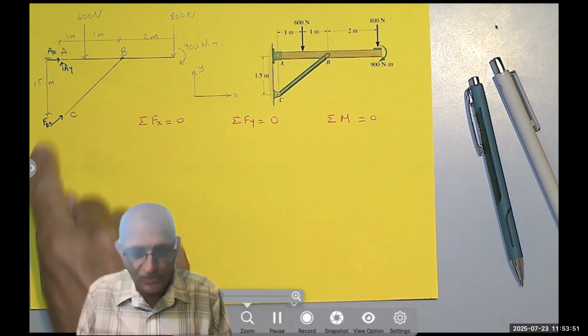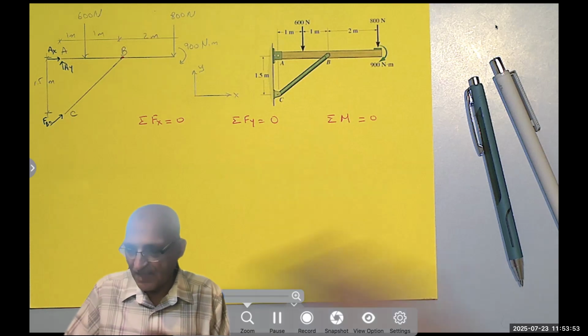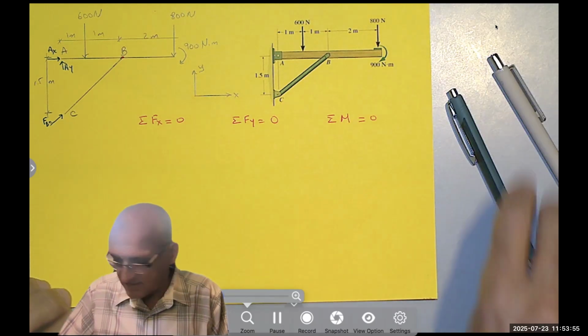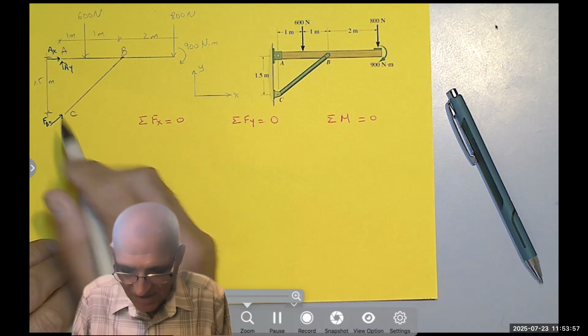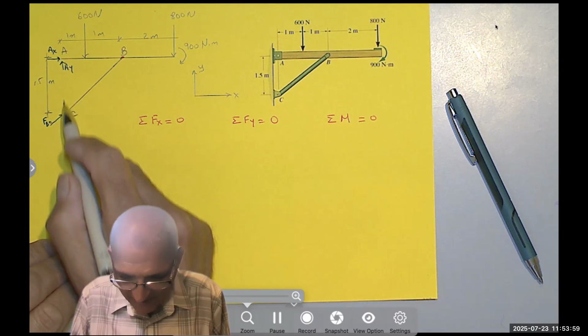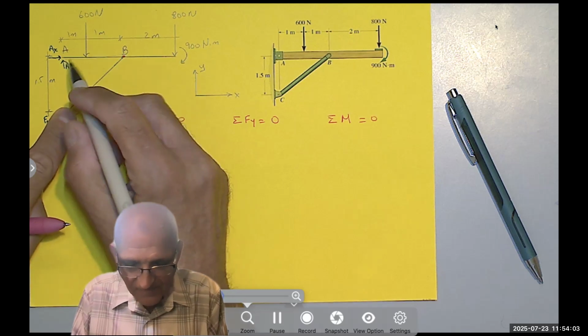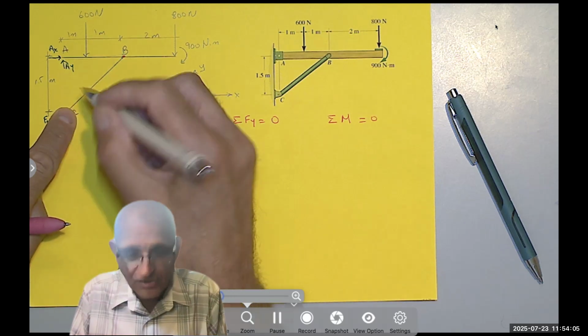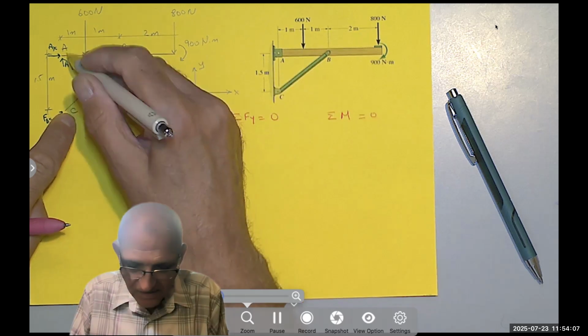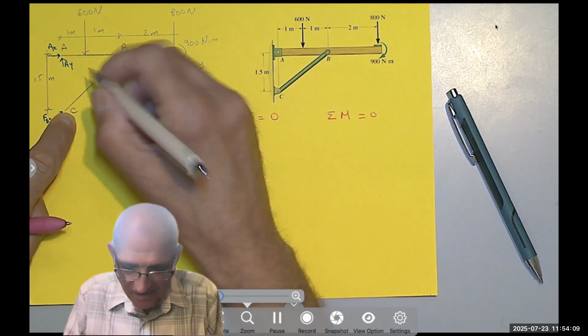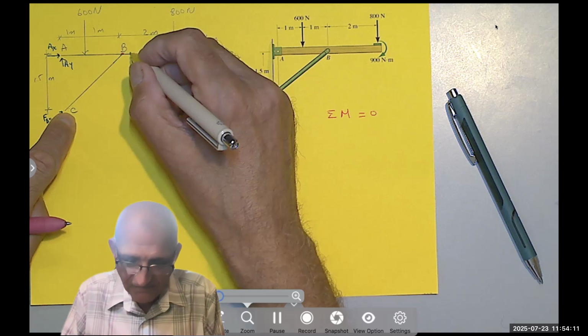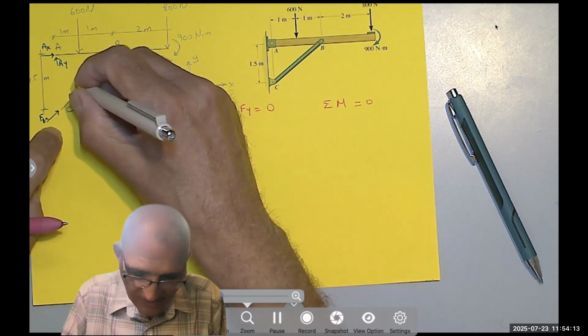How do I decompose FBC? If you remember, we did some geometry here. This height is 1.5, and this width is 2, right? Meaning, if you multiply them by 2, the ratio is 3 to 4, meaning that would be 5. In fact, the length of BC is 2.5 meter.